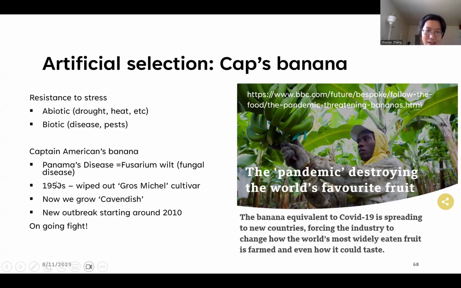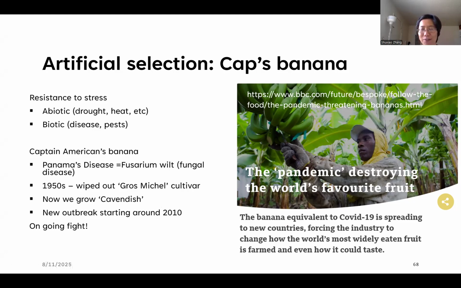And then in the 1950s, Panama disease happened, which is also known as Fusarium wilt. It's another fungal disease. And basically everything we eat now is a Cavendish banana. So the Captain America who has woken up after his hibernation will find that the bananas taste and look different because Panama disease wiped out the entire Gros Michel bananas.